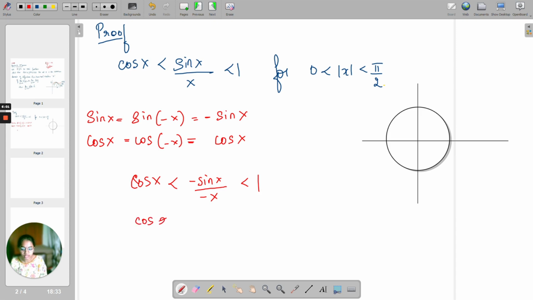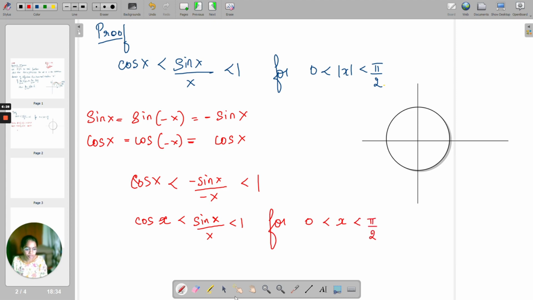So can I write it as cos x less than sin x divided by x less than 1? Even if x is negative, we get the same thing. So I will write the inequality as 0 less than x less than pi by 2.